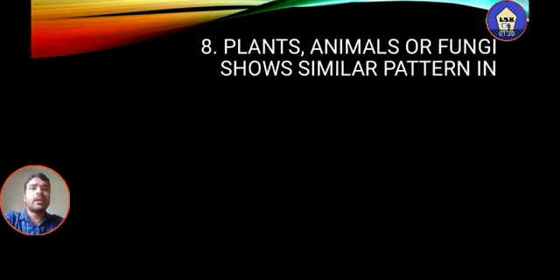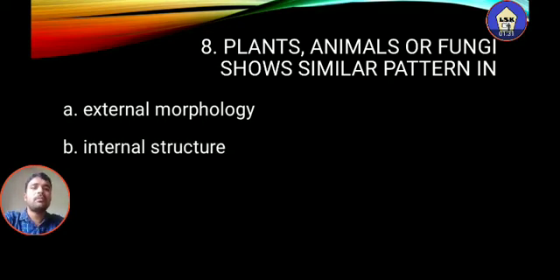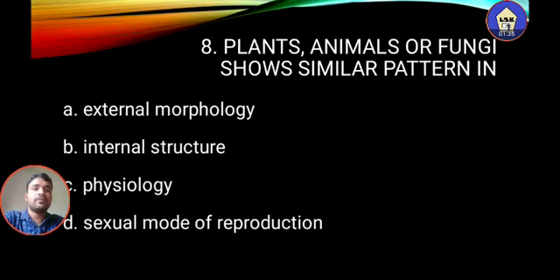Now, question number 8. Plants, animals or fungi show a similar pattern in which of the options given? Option A, external morphology. Option B, internal structure. Option C, physiology. Option D, sexual mode of reproduction.